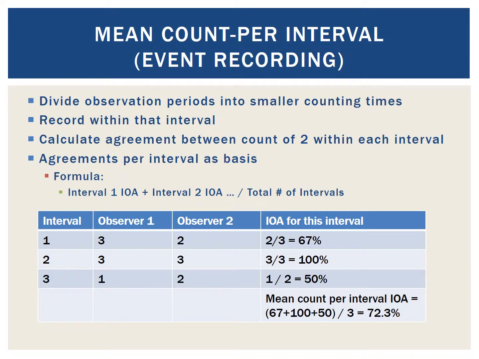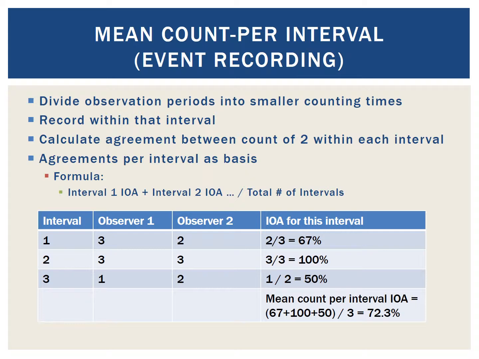You can improve these measures by using the mean count per interval event recording. What you're doing here is basically giving you a little more sensitivity in a measure of agreement.